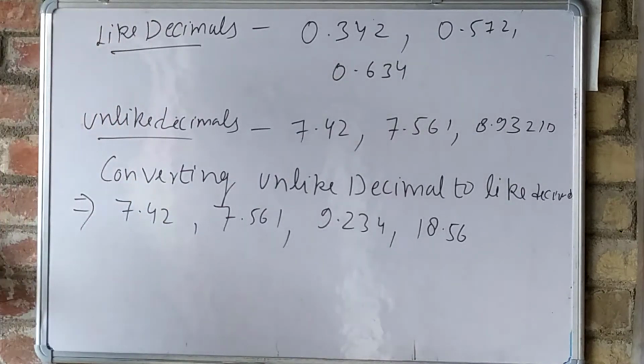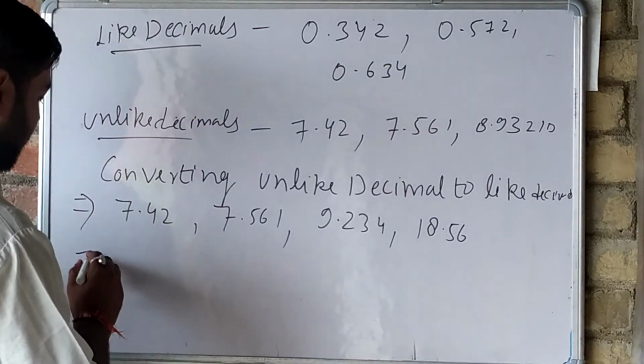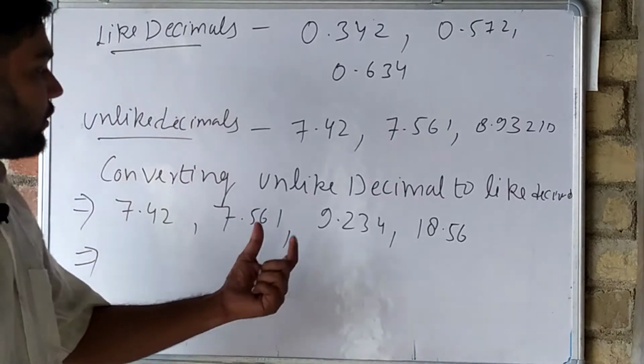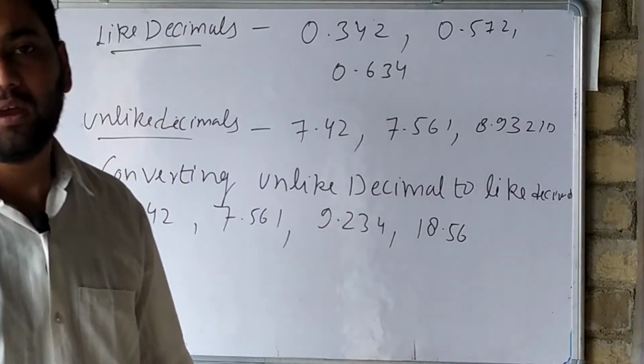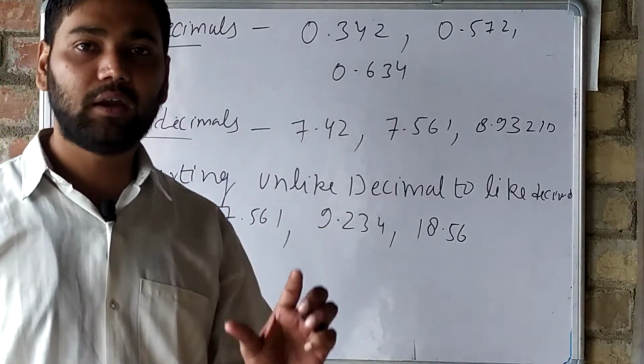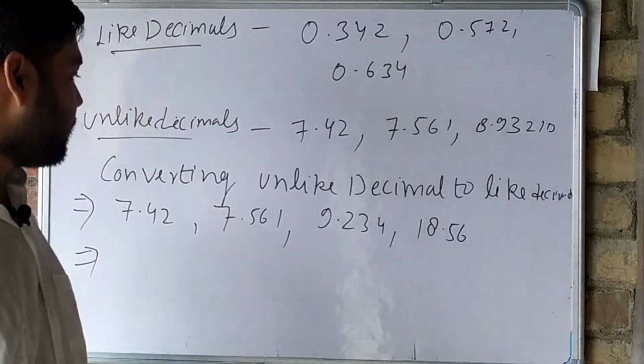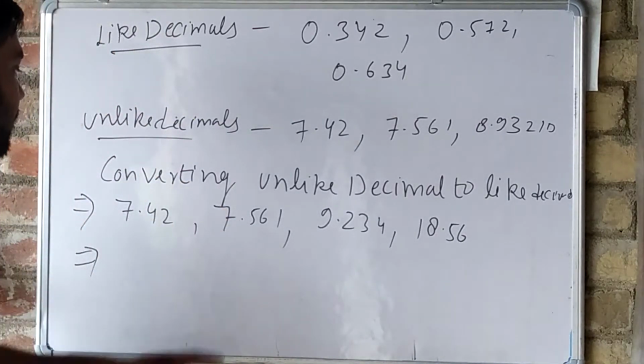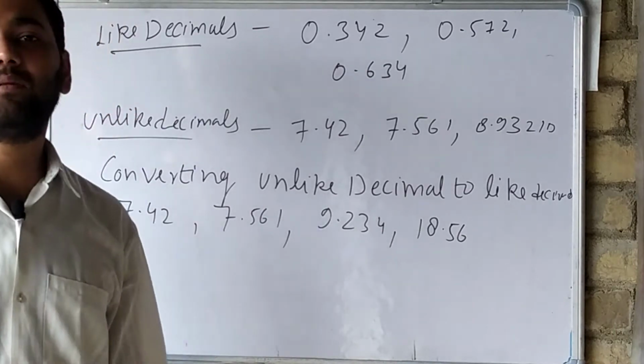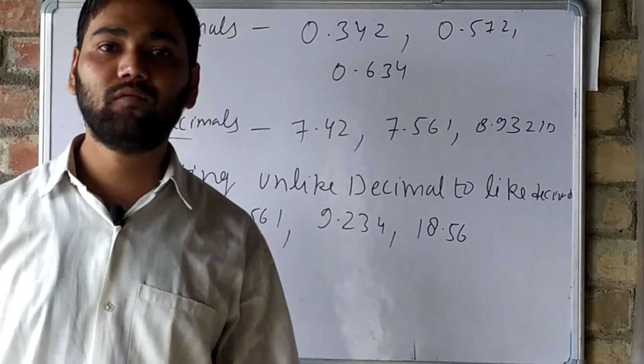So what do we have to do? We have to convert them into like decimals. Which number among all of these has the greatest number of decimal places? See here, we have 3 decimal places here and 3 decimal places here. That means the maximum number of decimal places is 3.